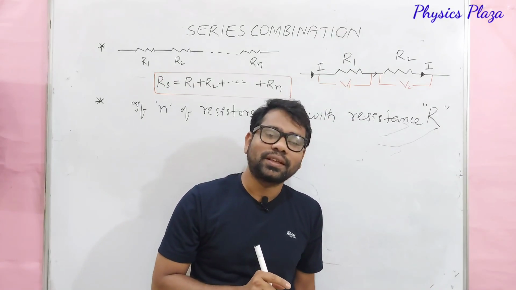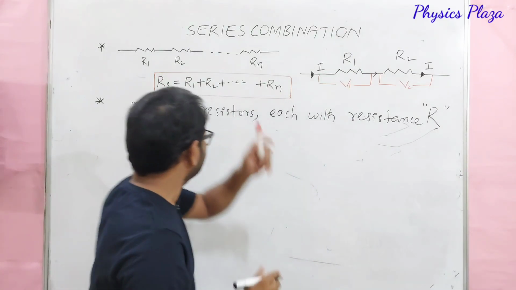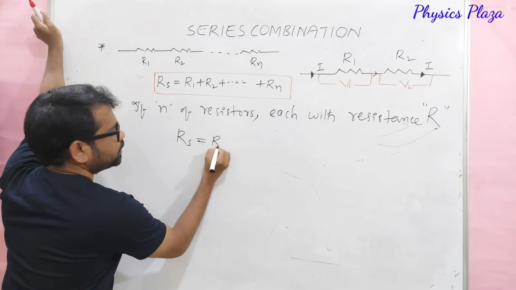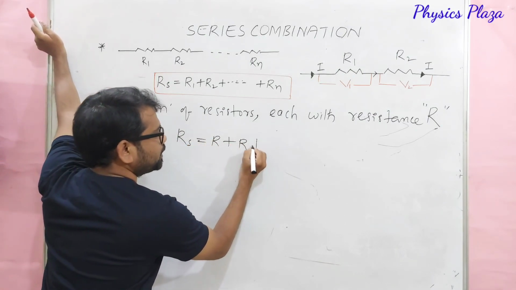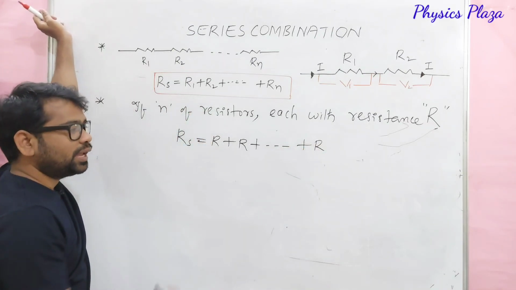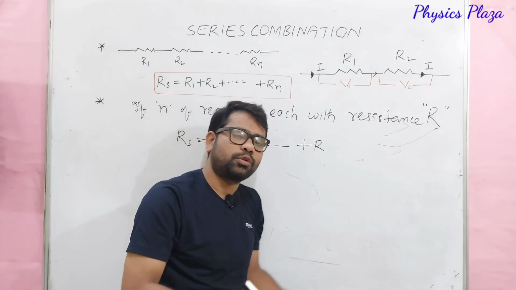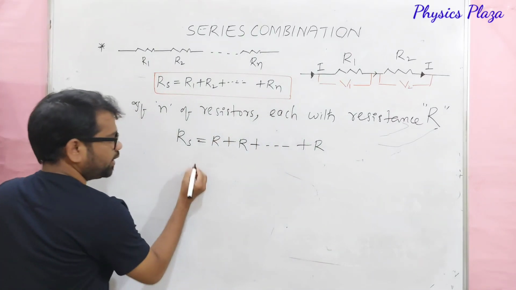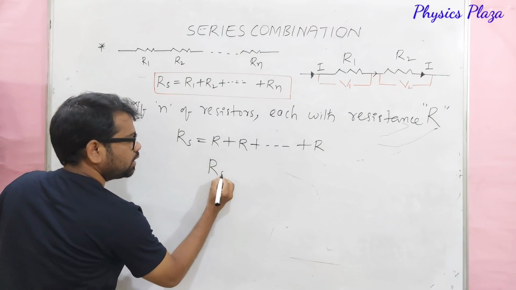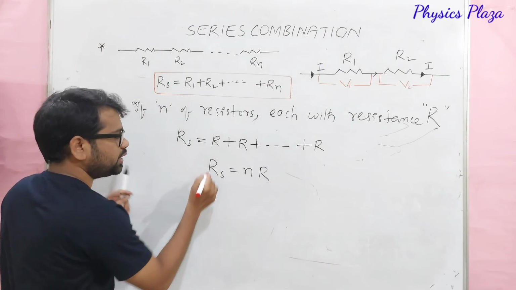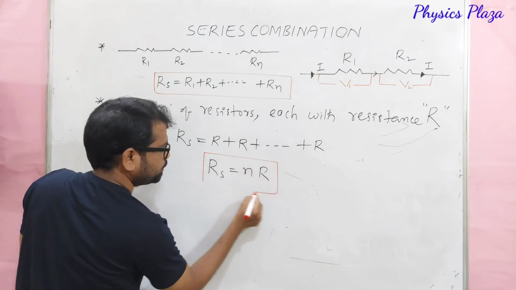Then what is the resultant resistance? So children, we should write like this. Rs is equal to R plus R up to R only. Means n times, n Rs, we have to keep R plus R plus R plus R, like this. So here finally we can write Rs is equal to n into R. So it is n times R. It is very much important.